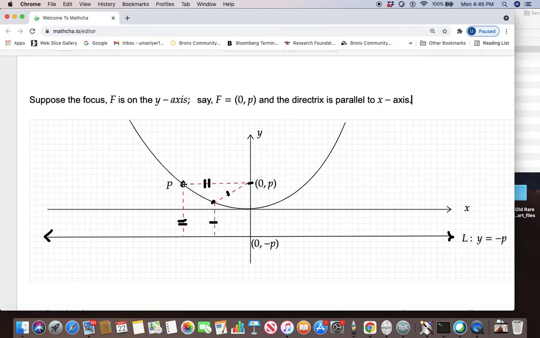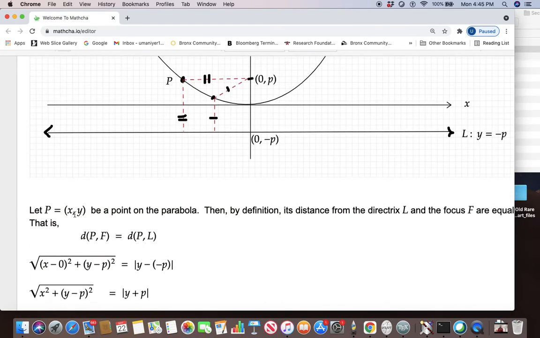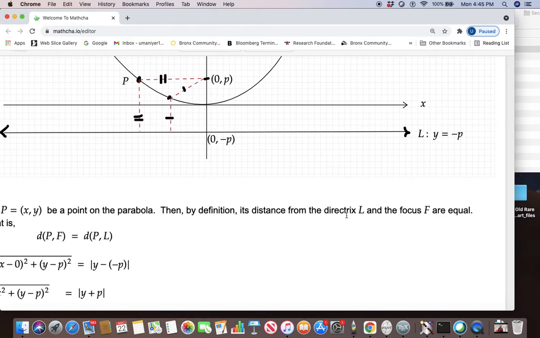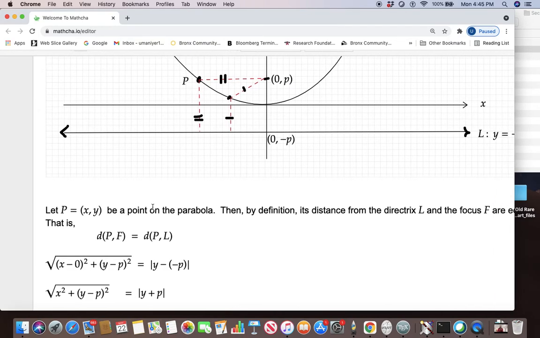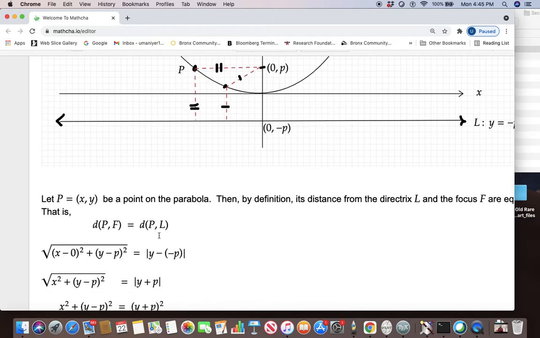Alright, so let's take this point P. Let's call it (x, y). Let it be a point on the parabola. Then by the definition, its distances from the directrix L and the focus F are equal. That is, d(P, F) equals d(P, L).